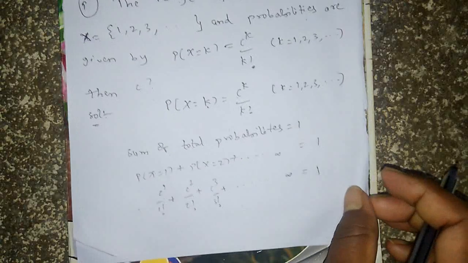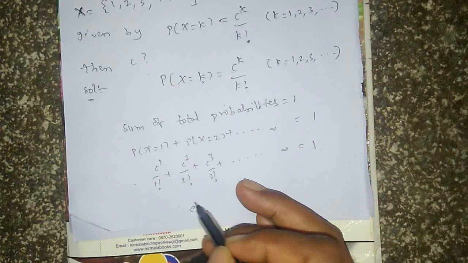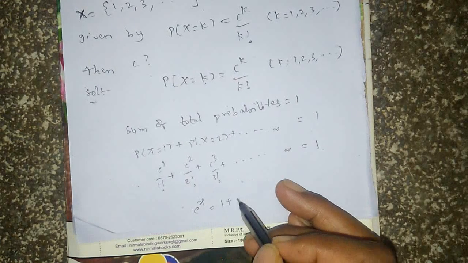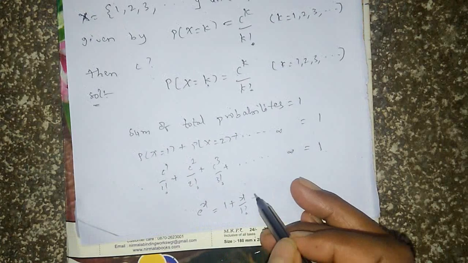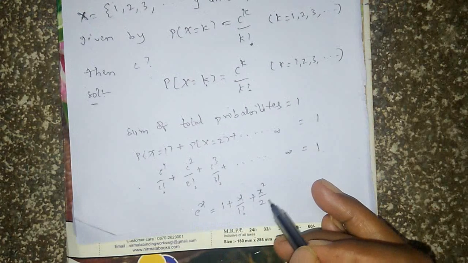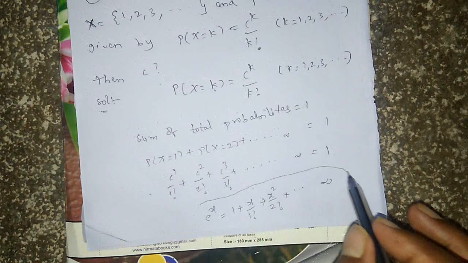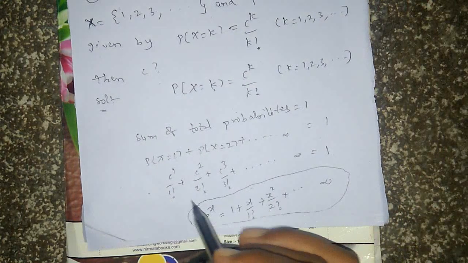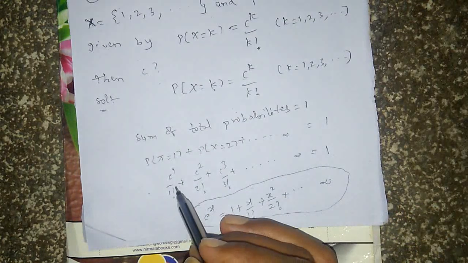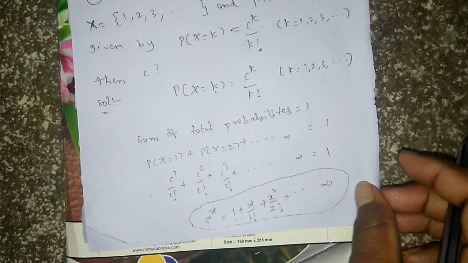So we have a formula: e power x is equal to 1 plus x by 1 factorial plus x square by 2 factorial and so on up to infinity. This is the e power x formula. So this is in the same form, except we don't have 1. So add 1 on both sides.